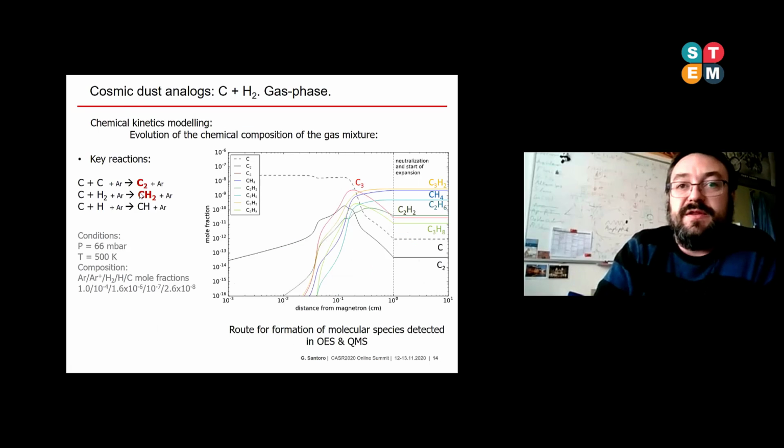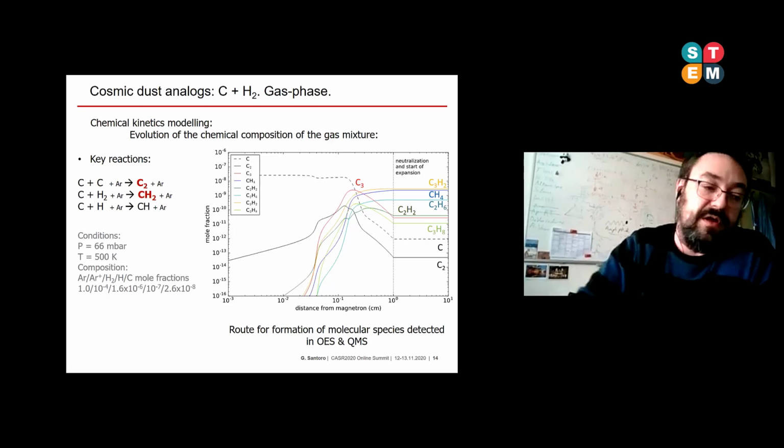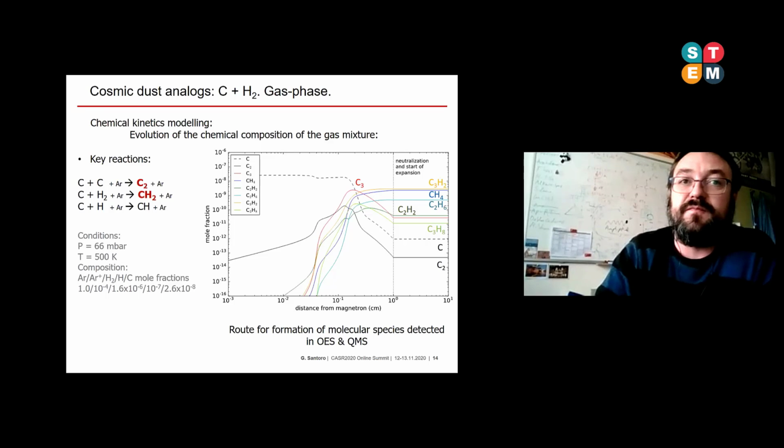To try to understand what was happening here, we performed some chemical kinetics modeling of all the chemistry, and we identified these as the key reactions. So the formation of diatomic carbon from atomic precursors, and the formation of CH2 that starts to promote the formation of all the hydrocarbons that we have observed.